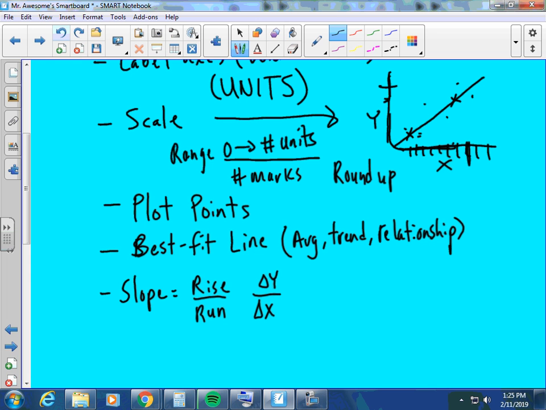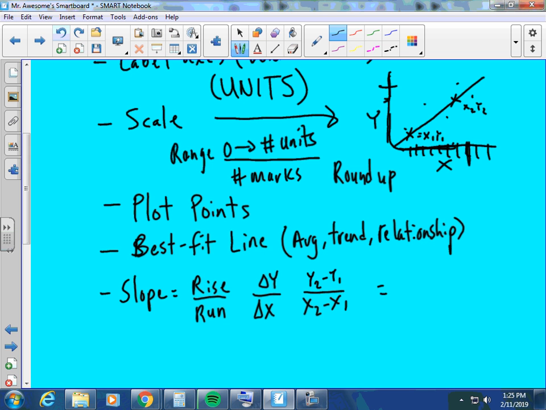So we could just say y2 minus y1 divided by x2 minus x1, and then we get our value for the slope. So this would be x1, y1 right here, and this one would be x2, y2. So once you've got that number, it tells you the relationship with an actual number, with an actual quantity. Any questions about that?